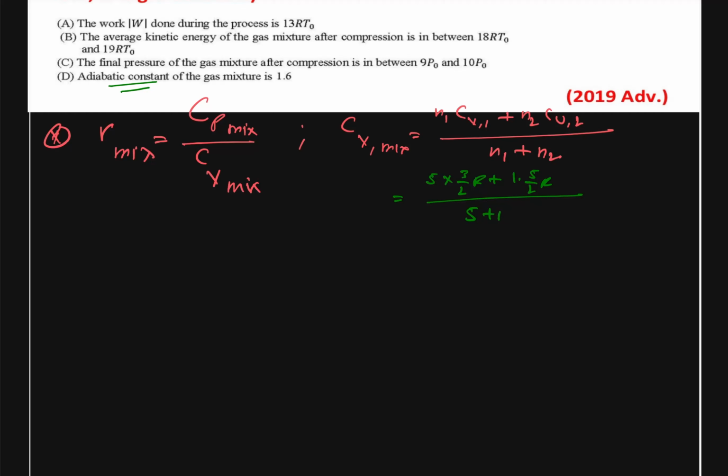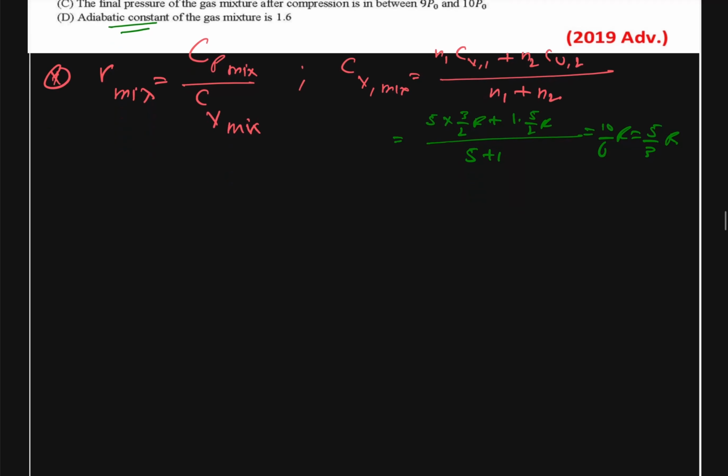So this will be equal to 15 plus 5, that will be 20, and 2 is going to give us 10, so 10 by 6 R, or we can say 5 by 3 R.